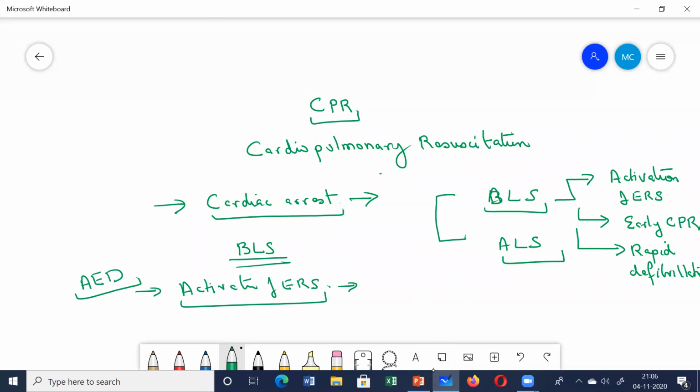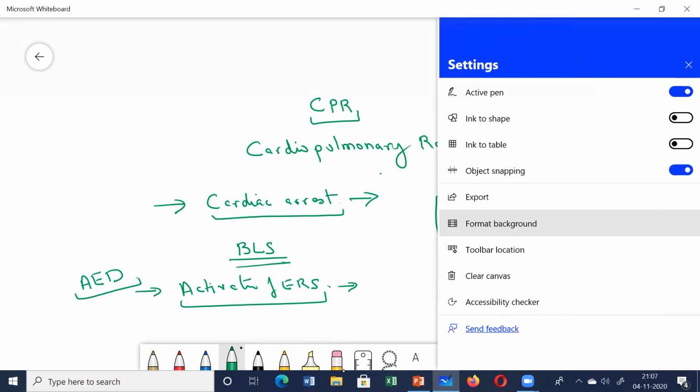In case the rescuer is not trained in recognizing abnormal breathing and cannot tell whether the person is in cardiac arrest, he should phone the ERS immediately once he finds the victim unresponsive. The healthcare provider can then guide him on the phone to check for breathing, and guide him through the steps of CPR until the healthcare provider arrives at the scene. So this is about early activation of ERS.